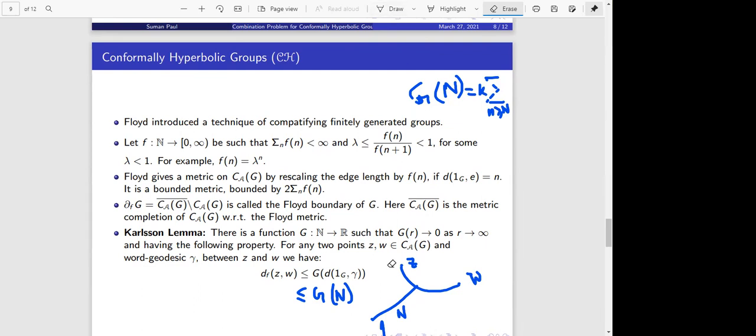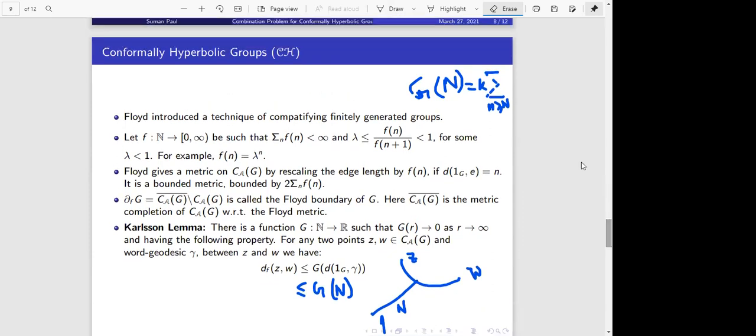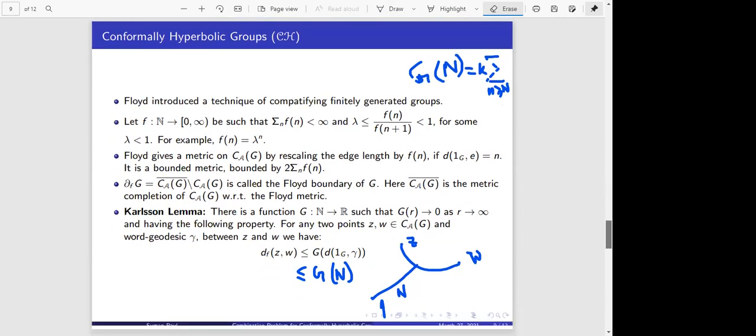Now, one more thing. For the Floyd boundary of a hyperbolic group, you said that it is exactly the Gromov boundary. So if we consider the augmented graph you mentioned in the relatively hyperbolic case and do the same type of scaling, is the Floyd boundary for that graph also the same as the Bowditch boundary?